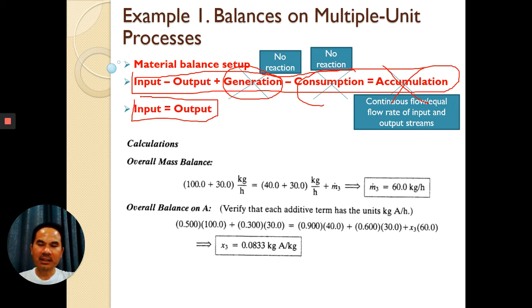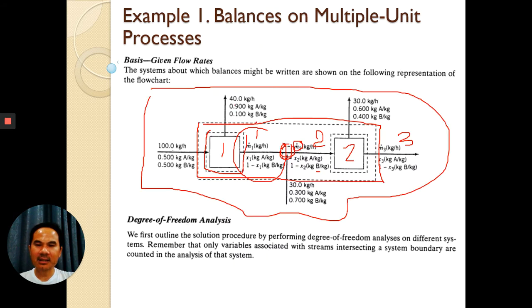And then your next step is to calculate. The first step, you calculate based on the overall balance to solve for M3 and X3. For the overall balance, the first step is the total mass balance.